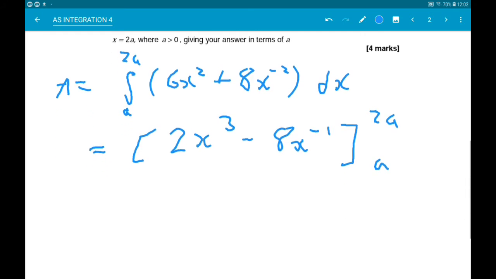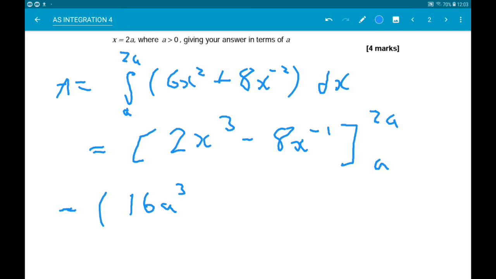So when x is 2a, we're going to get 2 times 2a cubed. 2a cubed is 8a cubed, so we have 16a cubed. And minus 8x to the minus 1 means minus 8 over 2a.